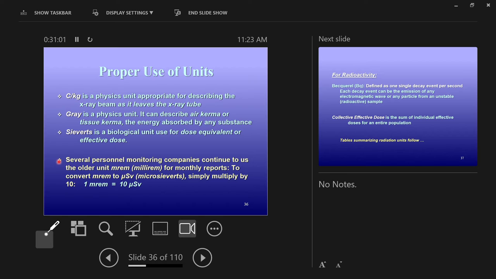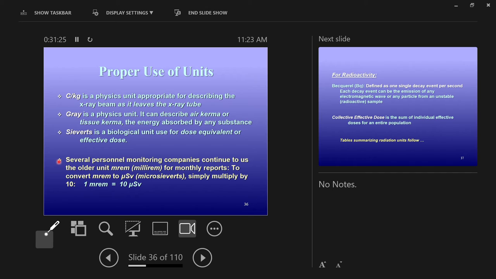Now, these are big units, right? I told you 1 gray to the whole body is enough to cause death. So we don't regularly or ever receive or are exposed to a full gray worth of radiation. We are exposed to milligray per year, or microgray per exposure period.